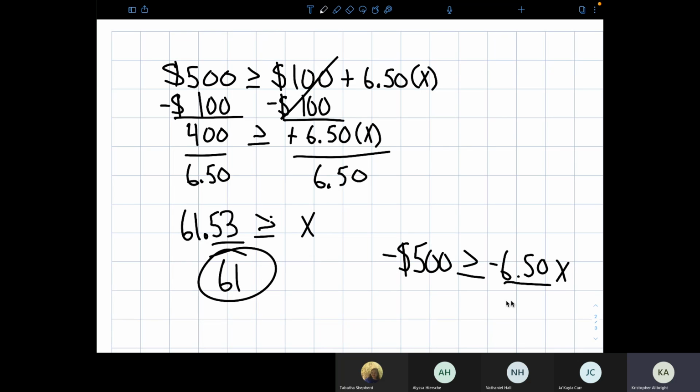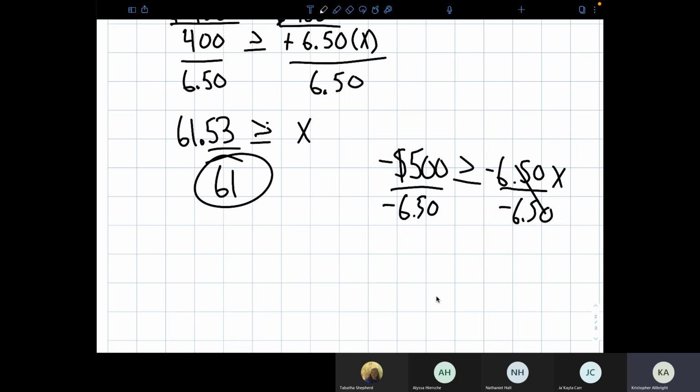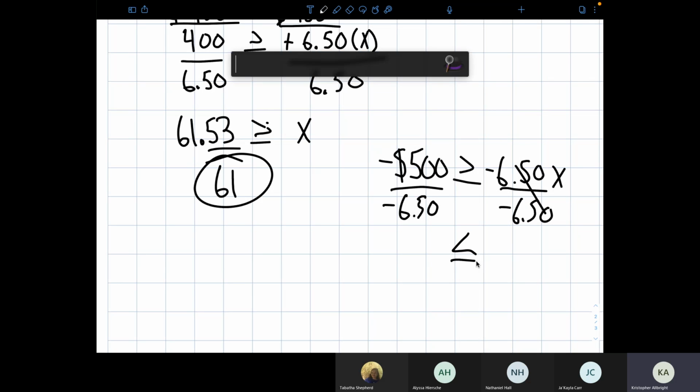When we divide by this negative, it's going to cancel. It's going to divide just like normal. And we are going to flip our sign. That's the only difference. It's going to be the exact same way, except we flip the sign. So 500 divided by 6.5, 76.9.